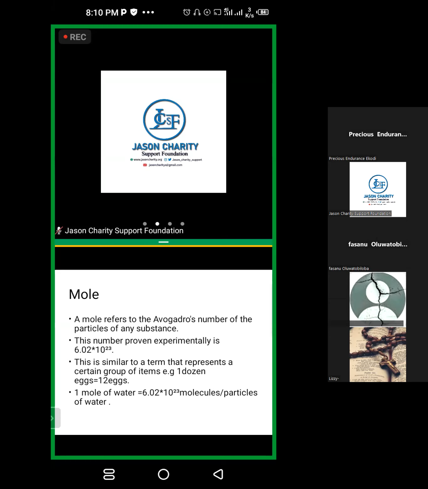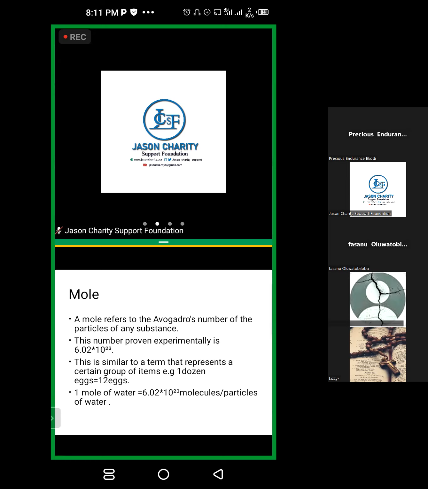Now, this 1 mole is the same thing as the atomic mass of that element in grams, being 6.02 times 10 raised to the power 23. What do we mean by this? We do know that the atomic mass for, say, sodium is 23. That means 23 represents one atom of sodium.